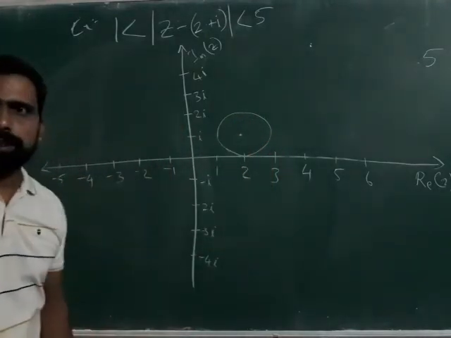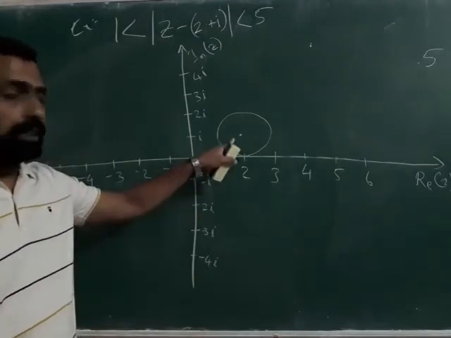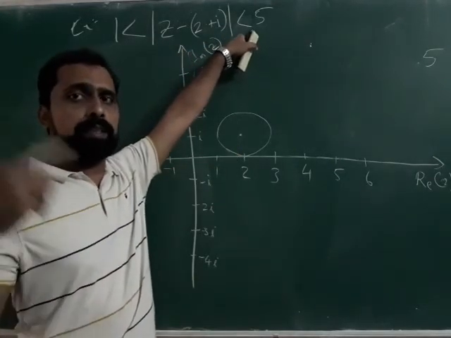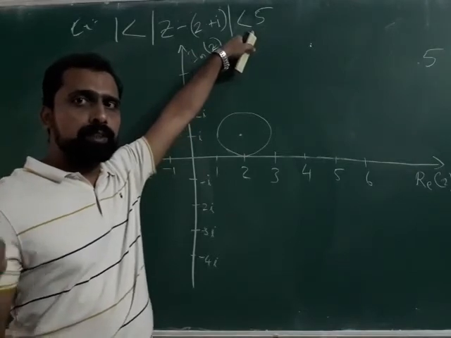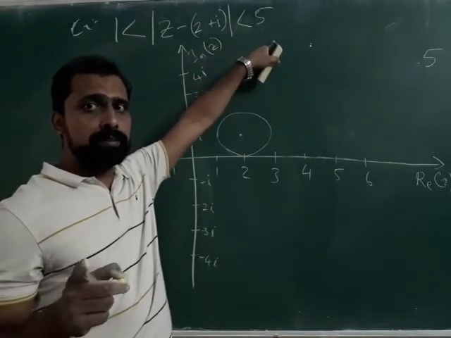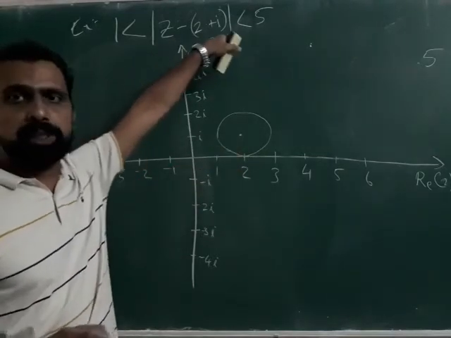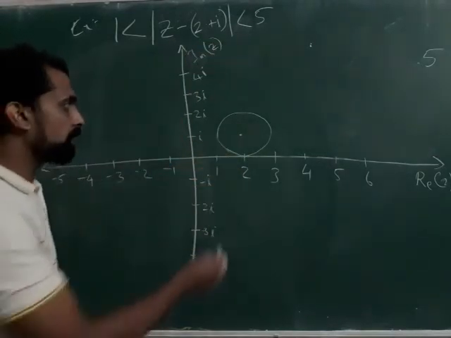So this is the point surrounding it. Now what you have to do? You have to make another circle with radius 5 surrounding the same point, z0. Our z0 is 2 plus I, so you have to draw surrounding it.